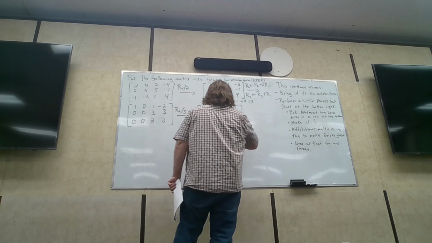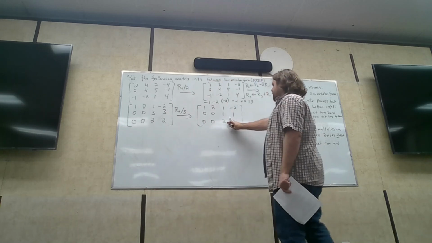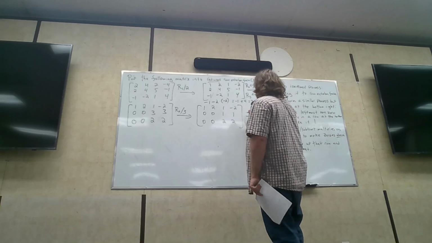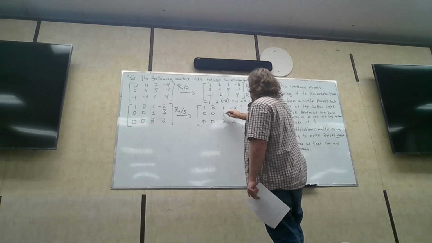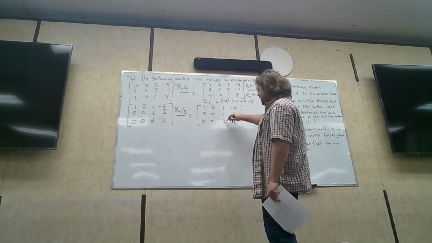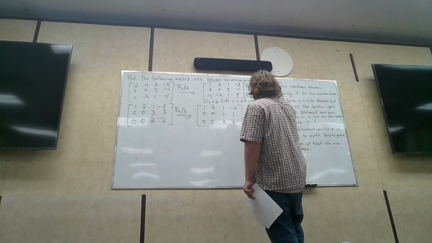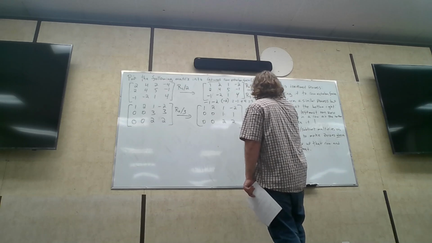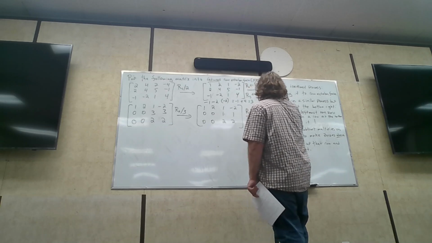We didn't touch this one. Okay, well, now we know what to do here. We're going to take minus 2 of that from this. So row 3 is going to become row 3 minus 2 row 2.